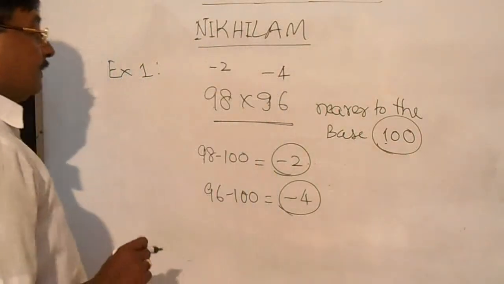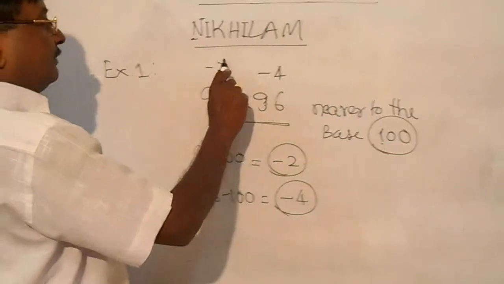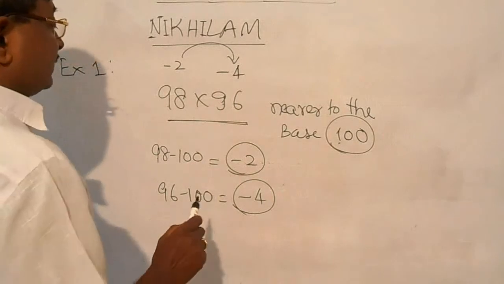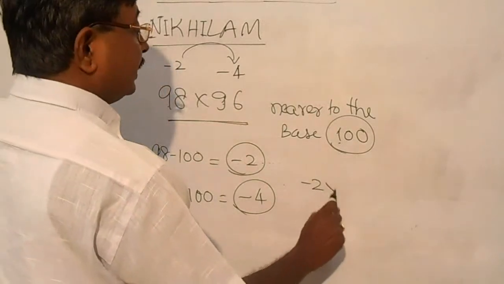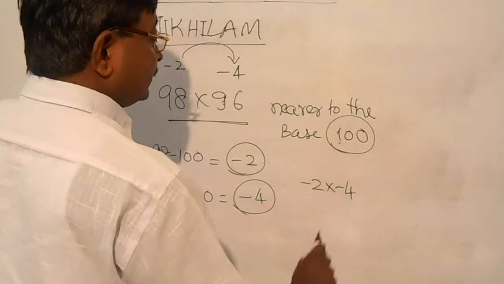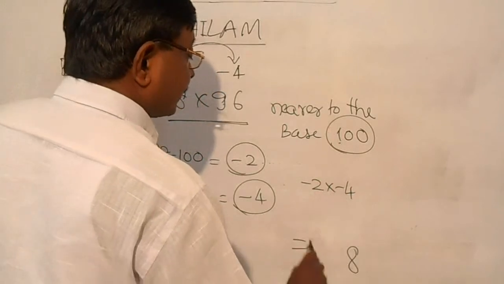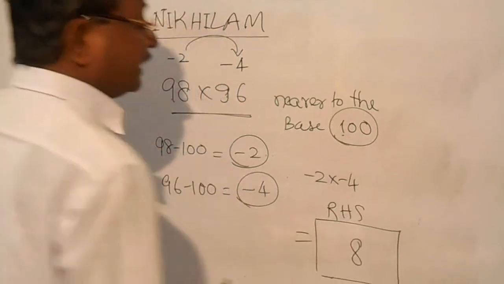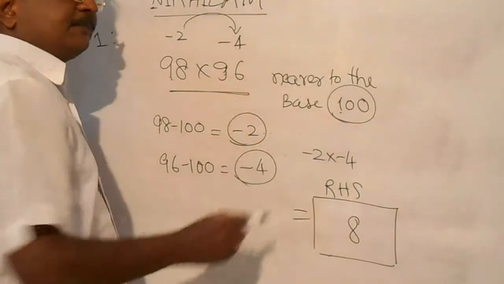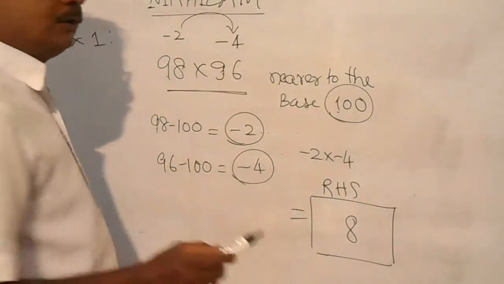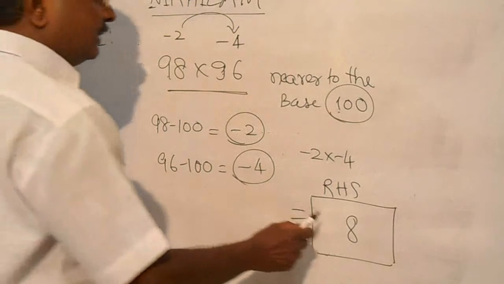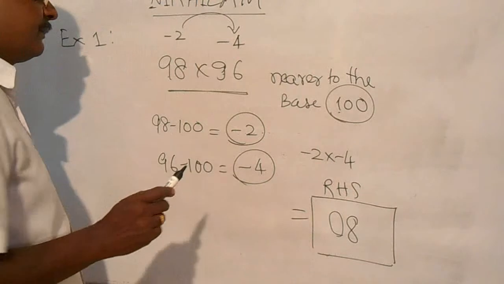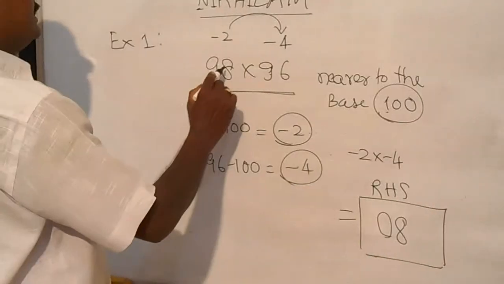The next step is to multiply minus 2 into minus 4, which equals 8, forming the RHS. But the nearest base is 100, so we should have 2 digits in the RHS. I have only 1, so I should put a 0 here to make 2 digits.